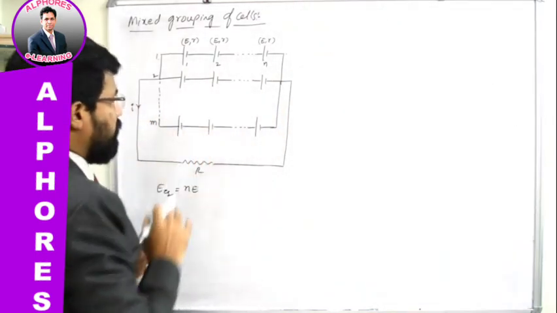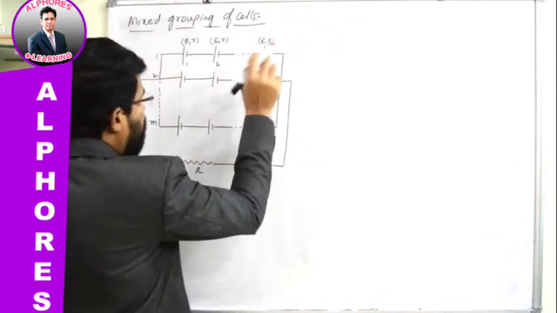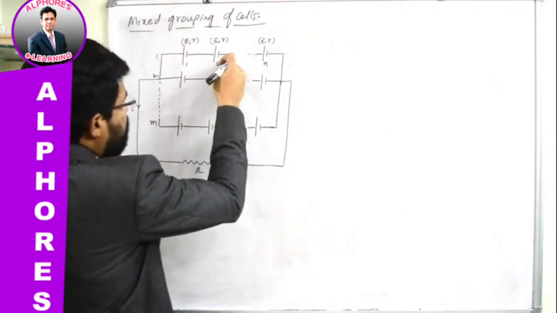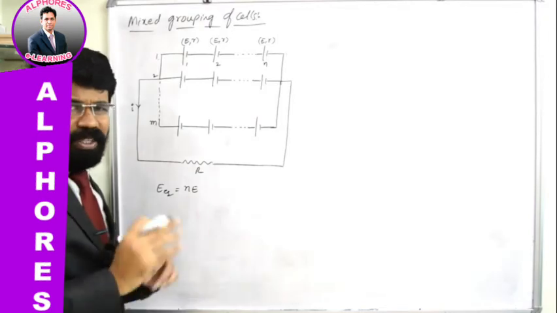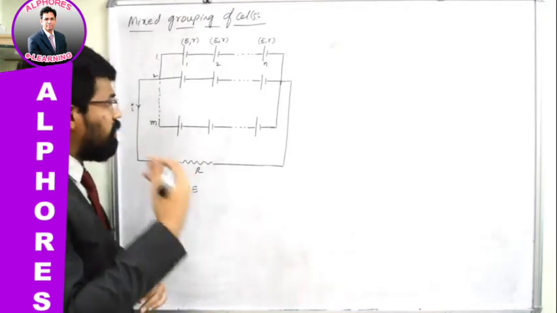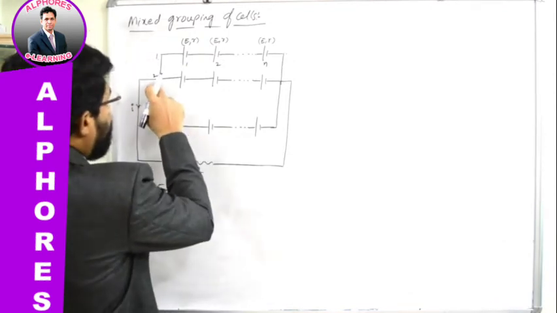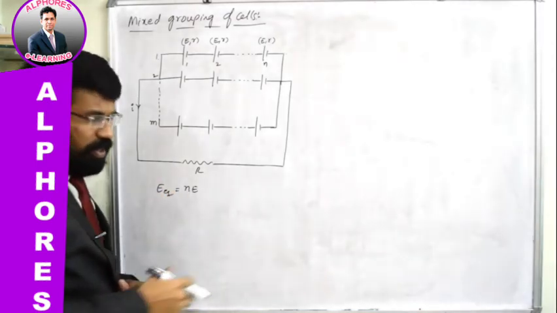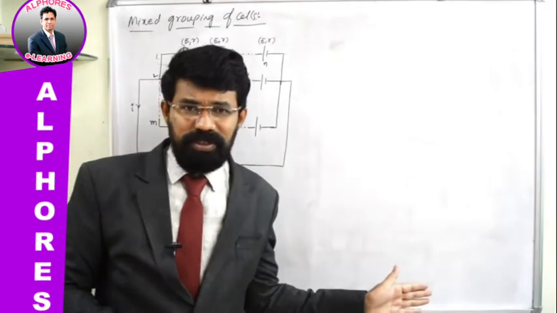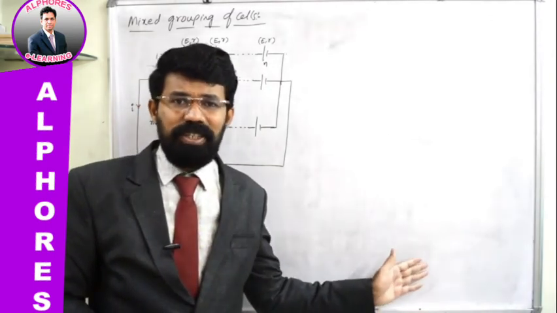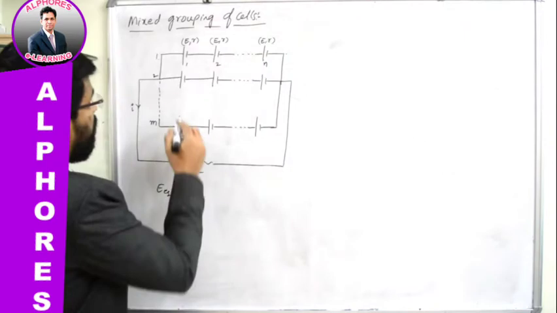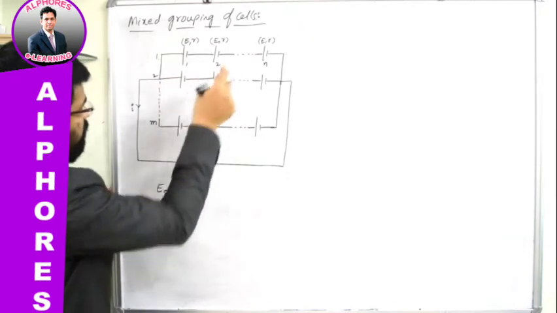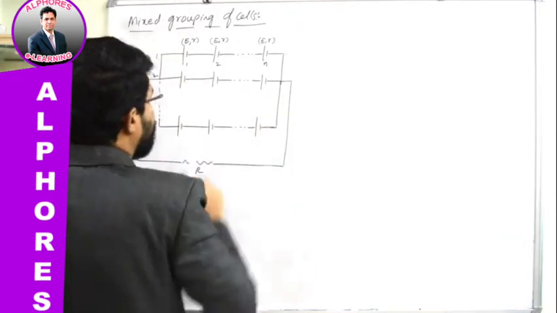If you are dealing with identical cells, a particular branch having an EMF equal to NE, and the same branch is repeated parallelly, it doesn't matter how many times it has repeated, M times or X times or Y times, whatever number of times, then the EMF across all these branches together will also be NE. Just now we have come to that conclusion. If parallel combination is taken, E equivalent for N identical cells will be equal to E, isn't it? So here, the EMF of this particular branch containing series combination of cells is NE. So that will be the effective EMF of the entire parallel combination.